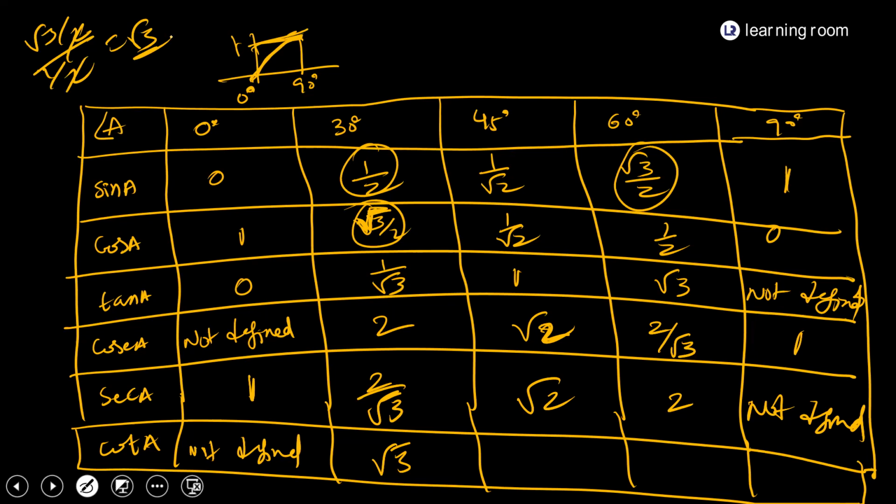So here 1 by root 2 by 1 by root 2 will be 1. Here 1 by 2 by... this is 0 by 1, which will be 0. Okay. So now you can see the pattern. You know the sine, and cos will be reversing. Copy it.